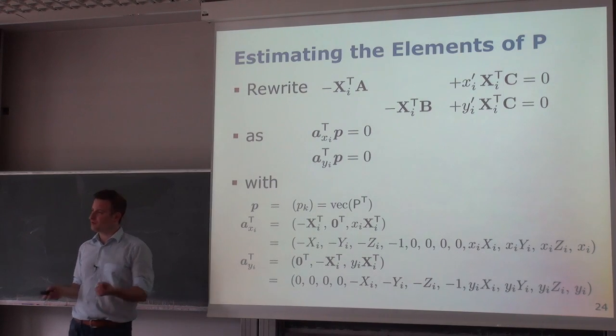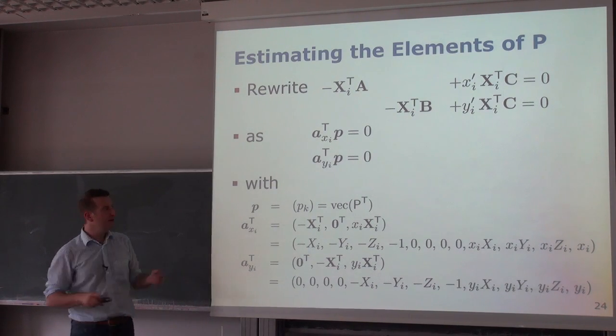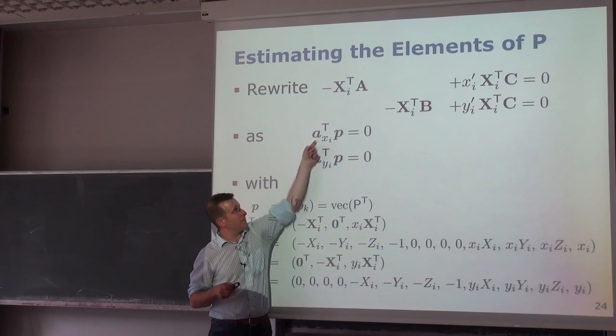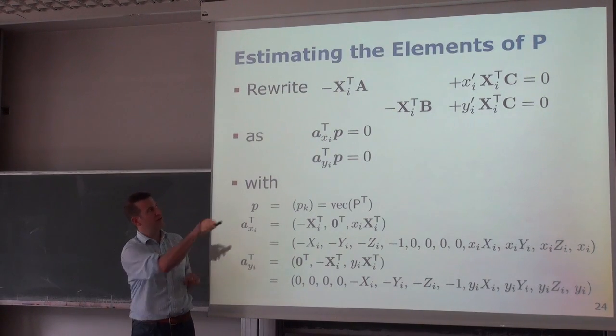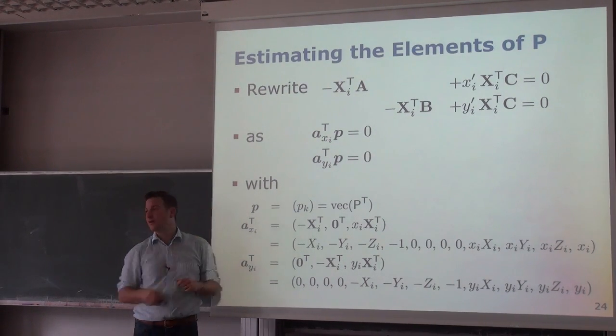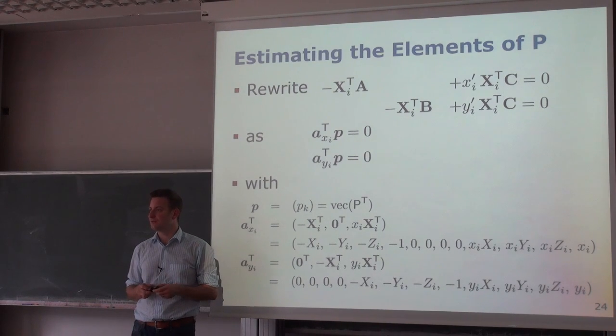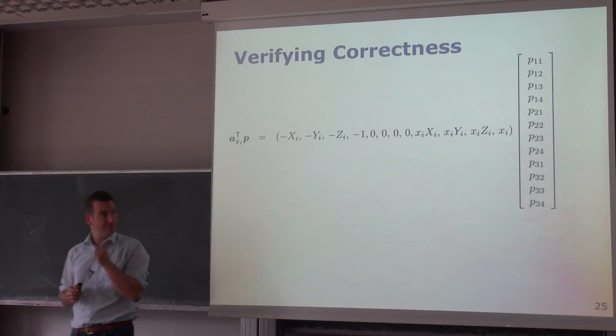If I just claim that, we should actually verify that this is correct. So let's simply give it a try, perform these computations, and see if we end up with the same system of equations. Okay, so let's verify that.